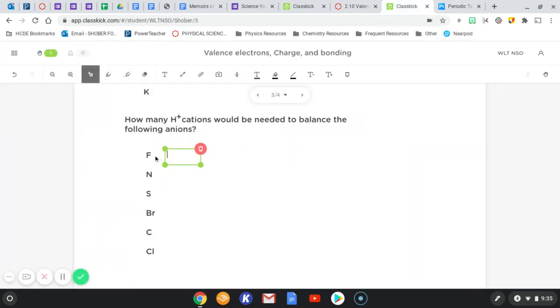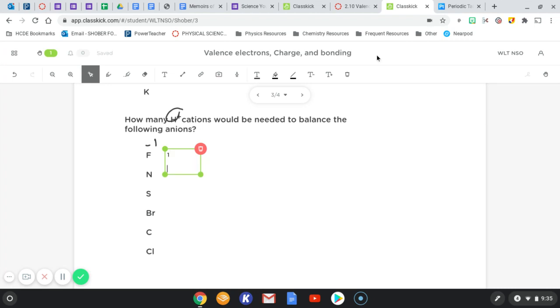And so if I have a -1 from this guy, and I have a +1 from H, well, those balance out, right? So that's an easy one. That's one of the simple ones where they have the same charge, so I just need 1 of each.